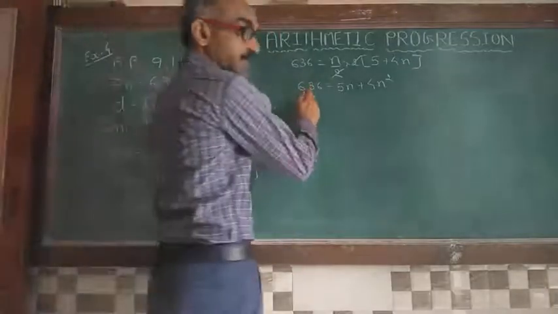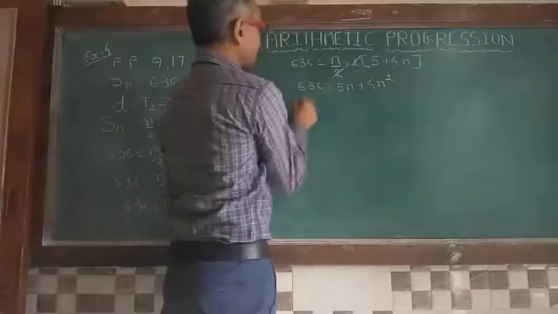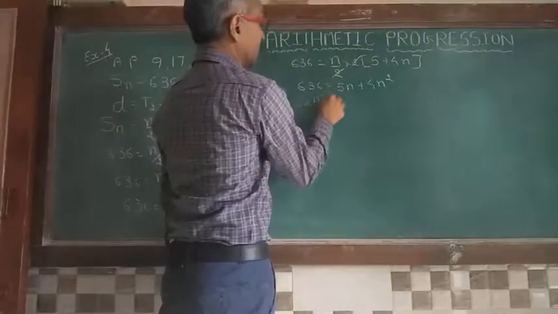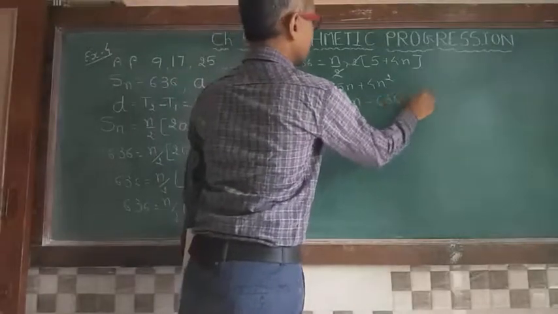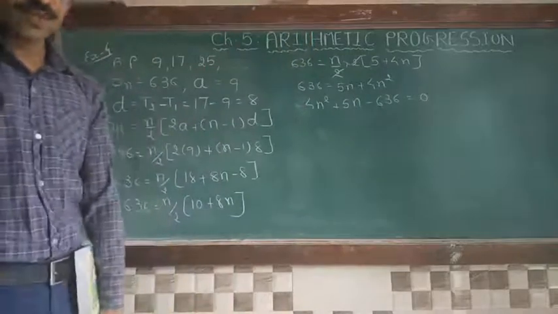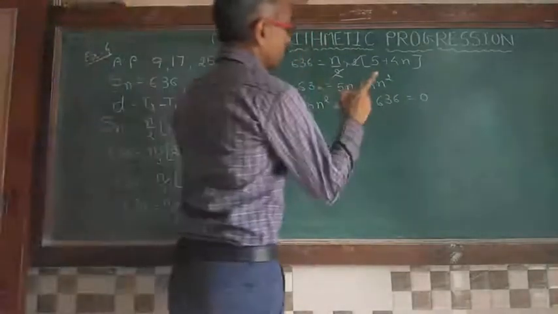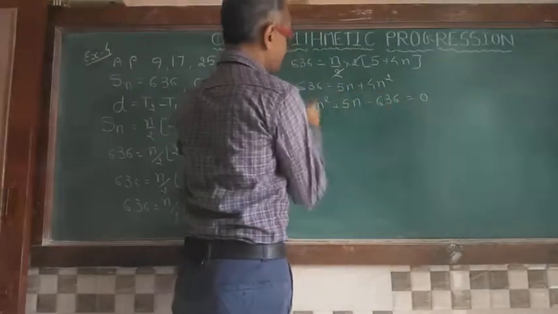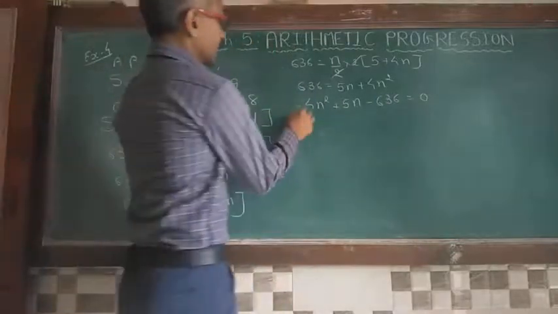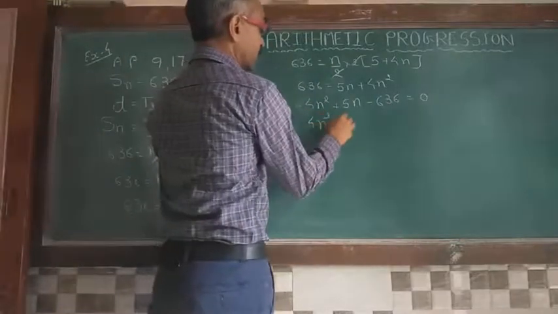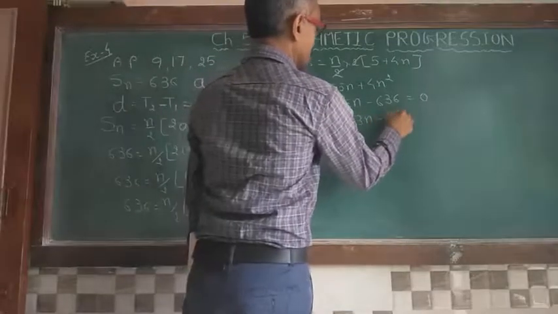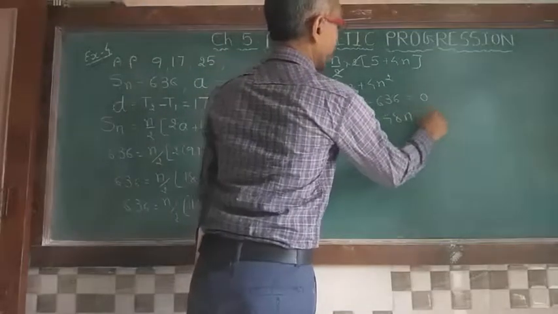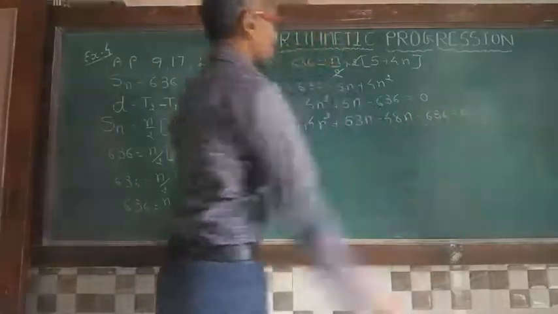Now 636 from left to right, that means 4n square plus 5n minus 636 is equal to 0. Now factorize, so we can get 5. 636 into 4, you have to factorize, that means 4n square plus 53n minus 48n minus 636 is equal to 0.